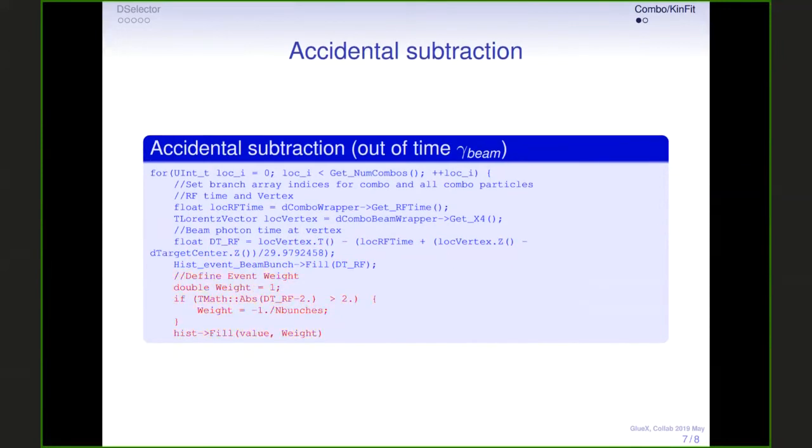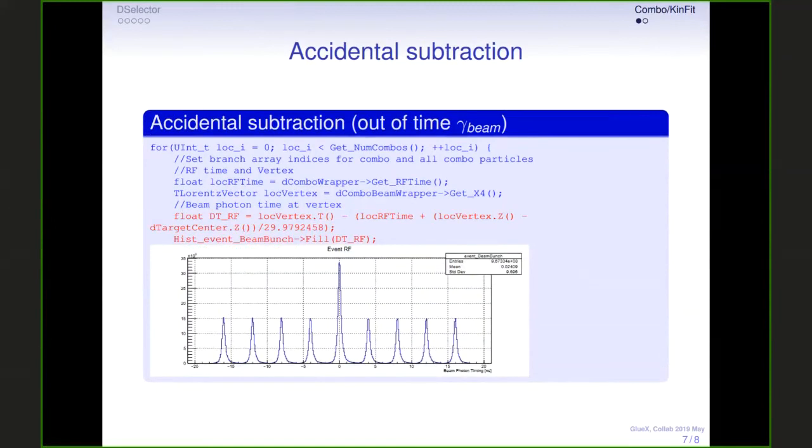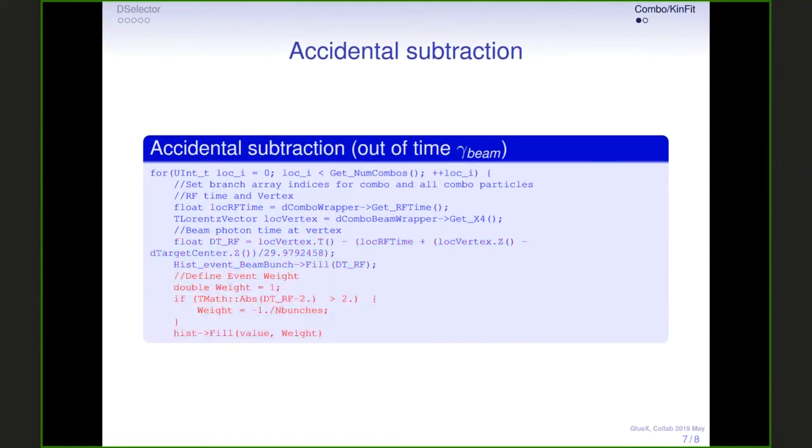In this particular case, it would be 8, right? And then you fill the histogram with your value you want plus the weight, and that automatically takes care of everything and will subtract the correct amount.